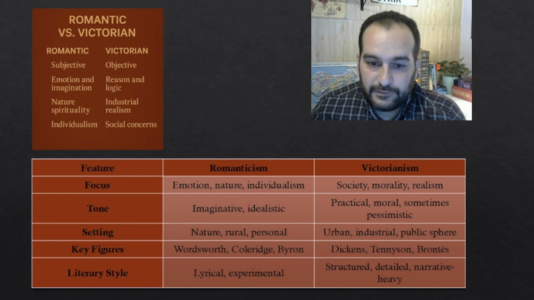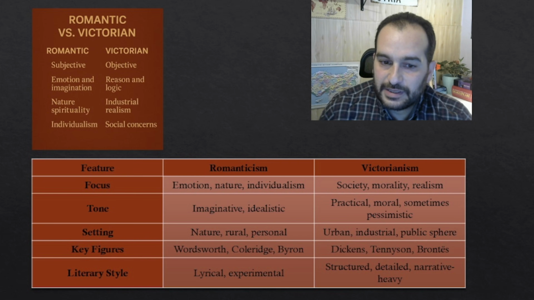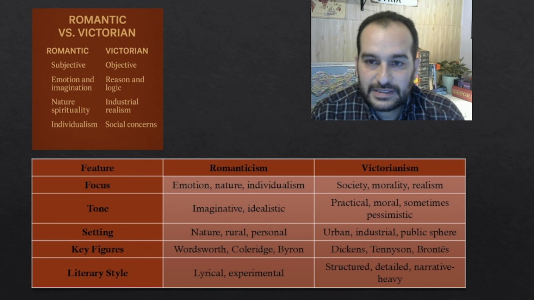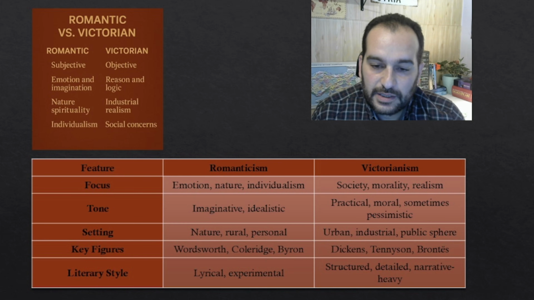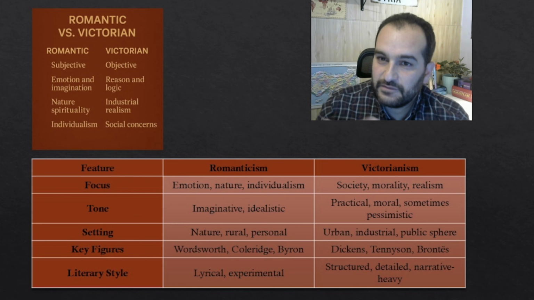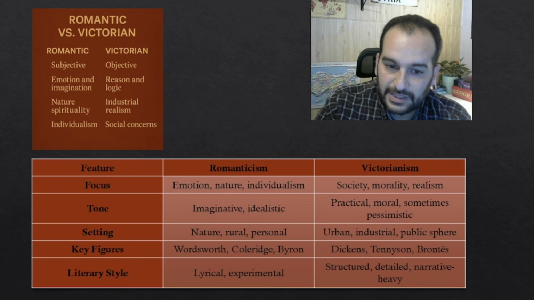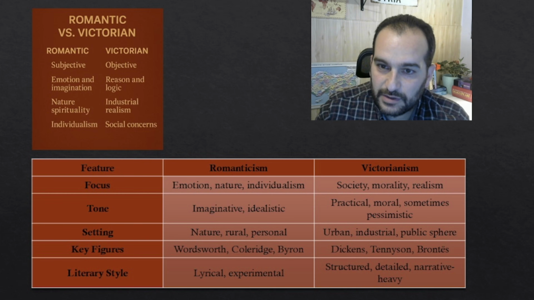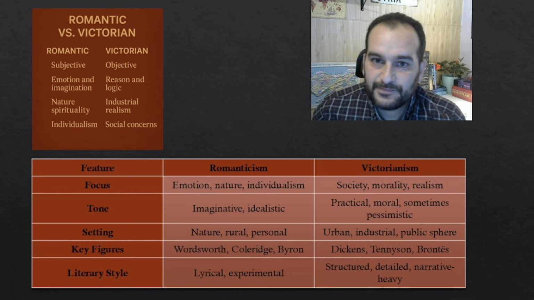So, Victorianism emerged partly as a response to Romantic ideals, we can say, shifting the focus from the inner self and the personal to society and external realities and duties.